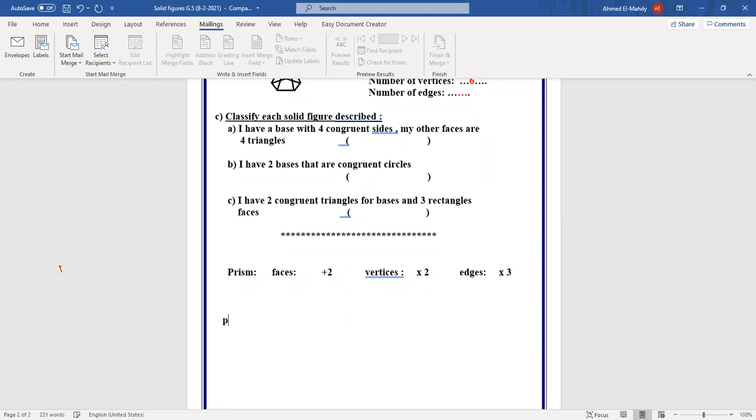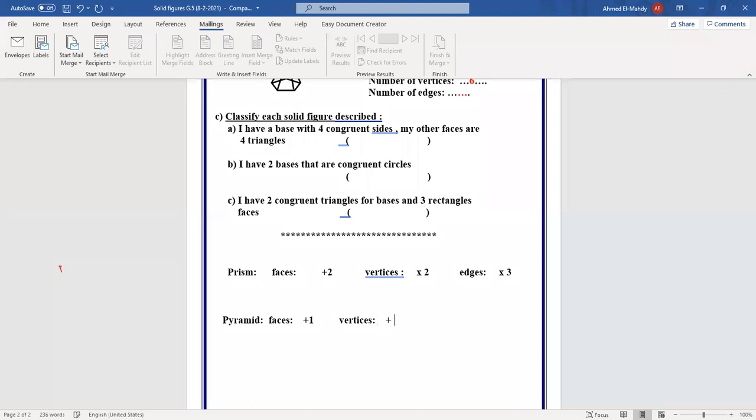Okay, the pyramid. To find the number of faces, we add 1. To find the number of vertices, also add 1.